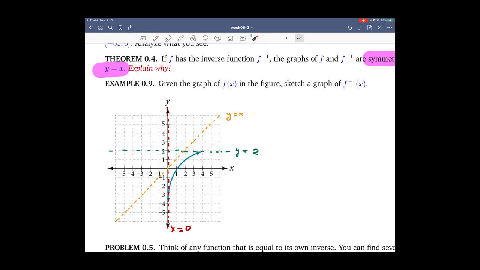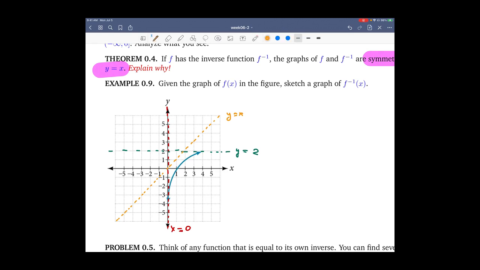What is the reflection of the y-axis about the line y equals x? Clearly, the reflection of the vertical axis about the line y equals x is the horizontal axis.